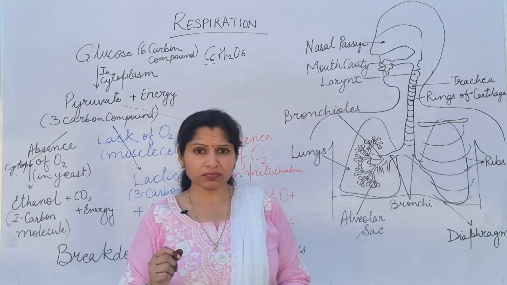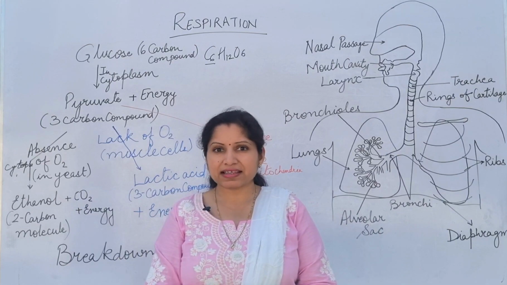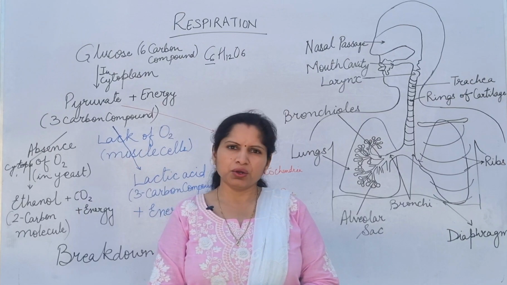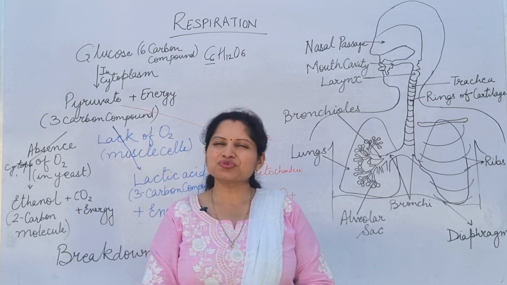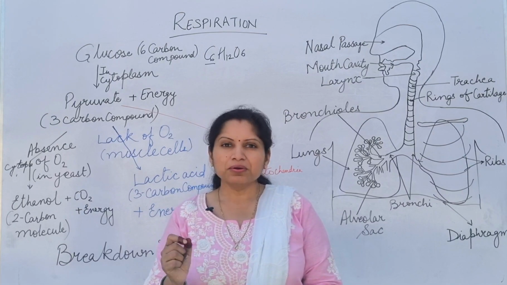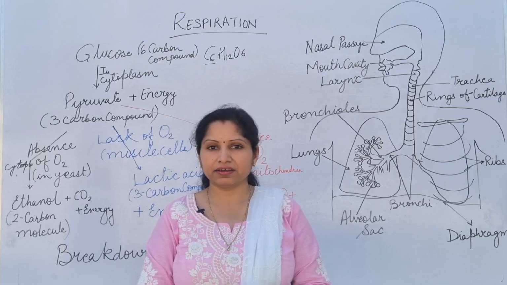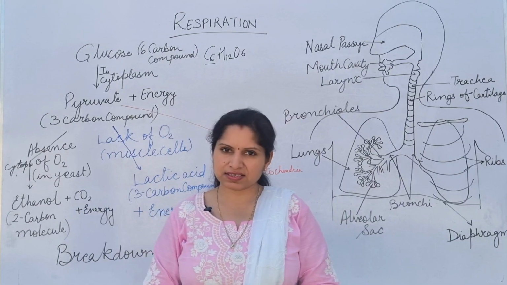Now if we discuss the respiration in different organisms, like in plants, do they perform respiration? Yes. When do they perform respiration? During the daytime or during the night time? 24 hours. So, the plants perform respiration during the day as well as at the night. But during the day, they perform photosynthesis also.